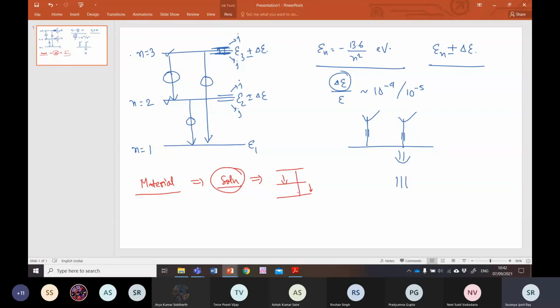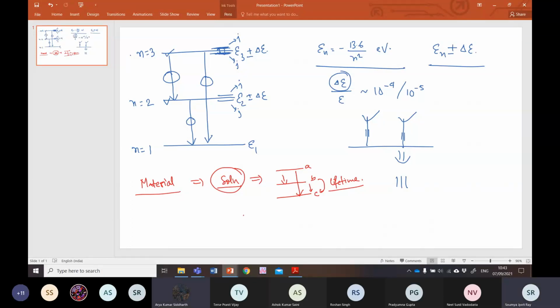Is this part clear, what I have mentioned so far? Here also you are trying to know, if there is a transition between, let's say, level B and level C, what will be the lifetime that is associated with it. Is it clear?